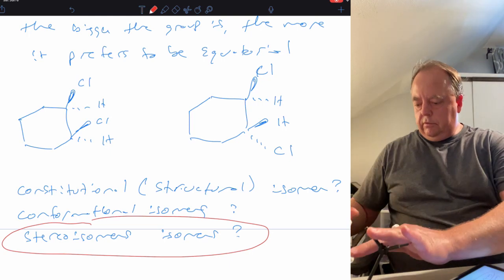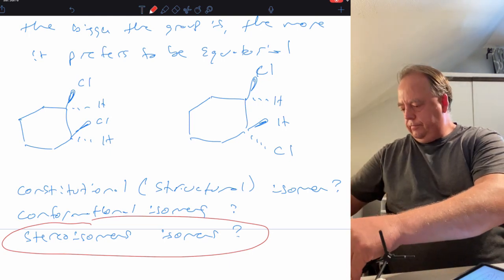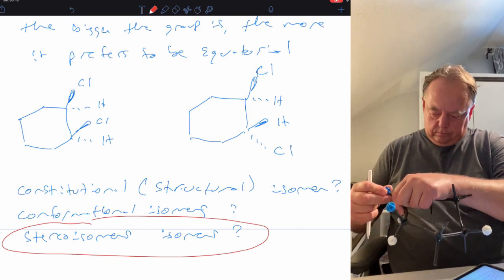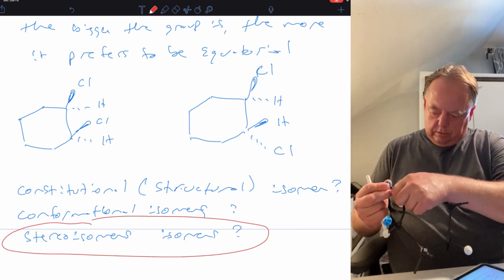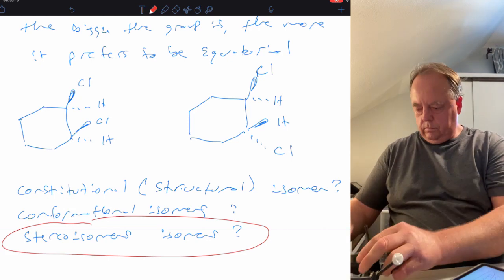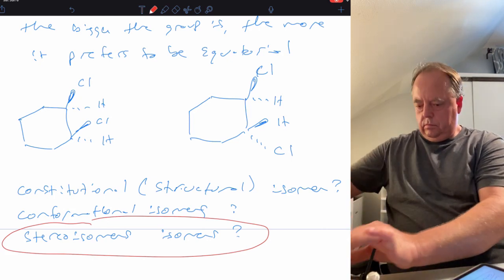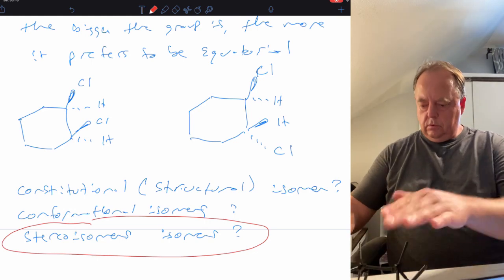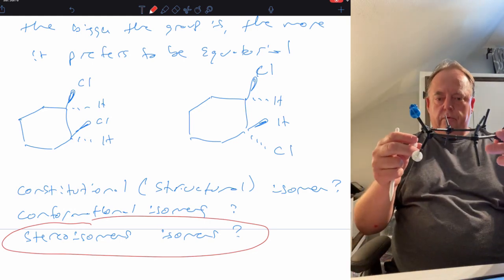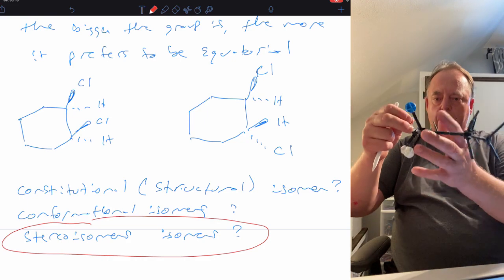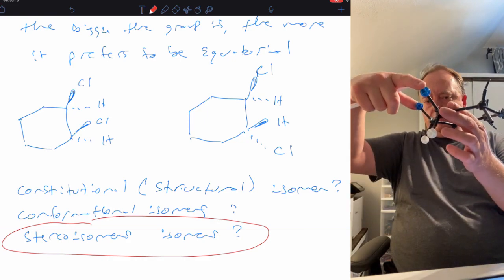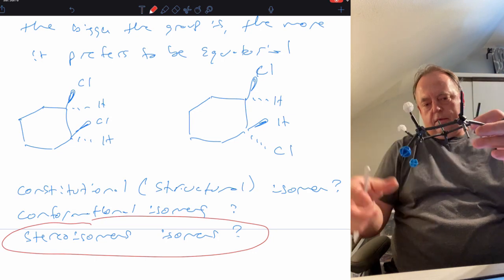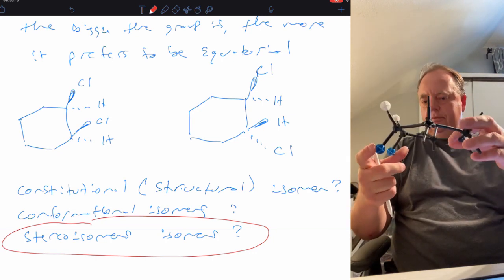So if we take this, put two things on the ring, so both chlorines are on top of the ring, so they're both on solid wedges, or they could both be on bottom, and then they would both be on dashed wedges.